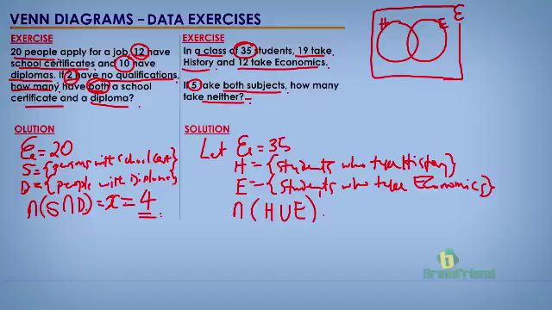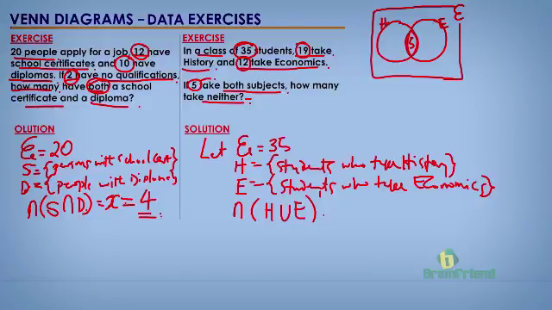We said that H is the number of students that take history. 19 students, as indicated from our question here, take history, while 12 students take economics. 5 take both subjects. 5 students that take both subjects here would be the intersection between our set H and E. And we will indicate that in our Venn diagram here as the intersection between both circles.